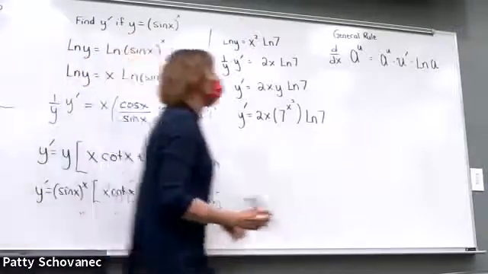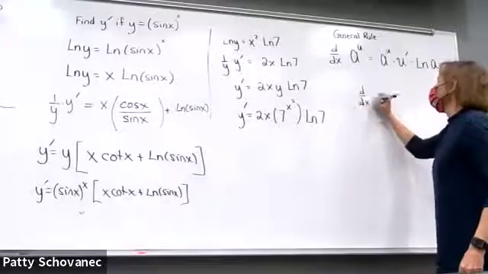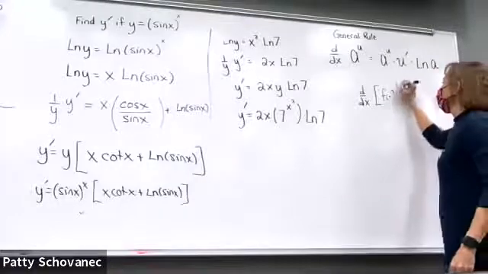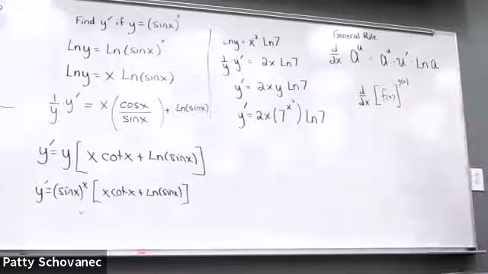So keep sharp. If you want to take the derivative with respect to x of some function of x raised to another function of x, we don't have a general formula. Use logarithmic differentiation.